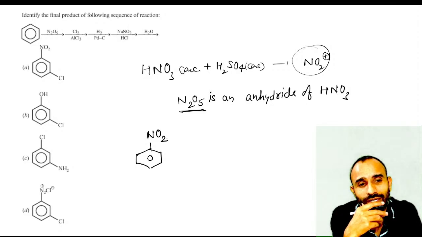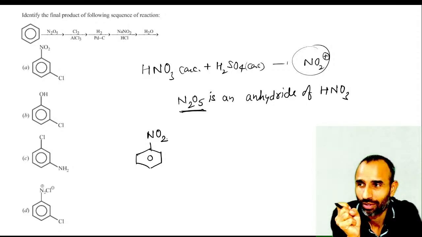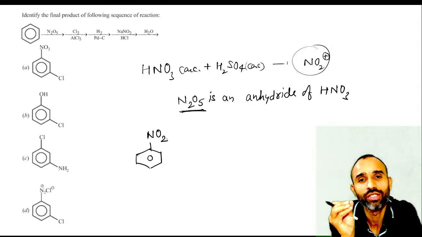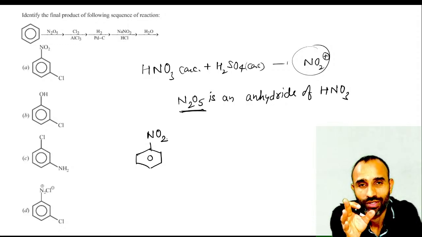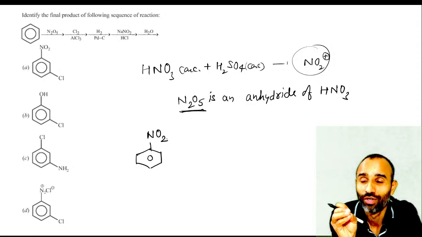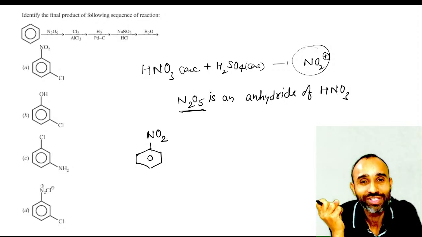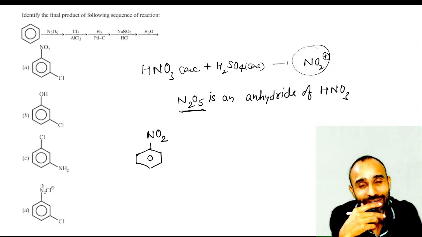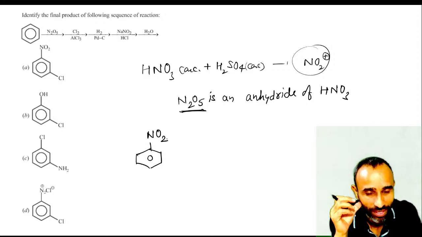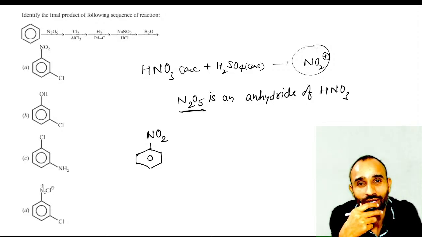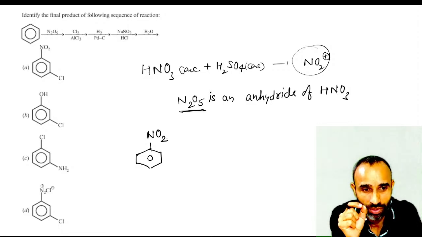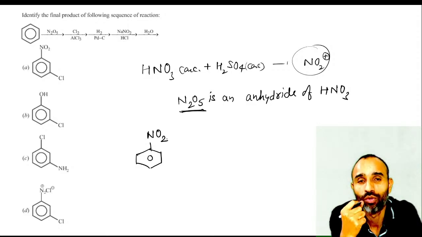They are deliberately using reagents which are not in our syllabus, so that students are forced to join some best coaching institutes. This is the psychology of students too: if they don't know a particular question, they are forced to join somewhere.